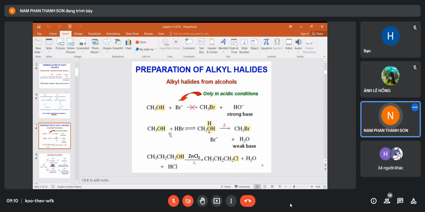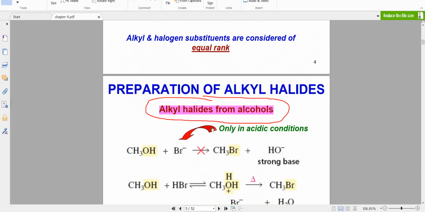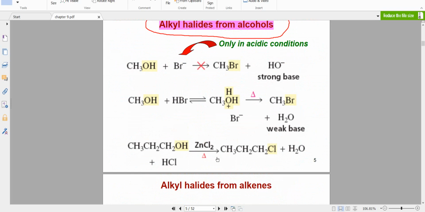So everyone take a note here. Of course, in this case, we don't have rearrangement for methanol, but for more complicated carbon structures, we might have rearrangement. Take note.